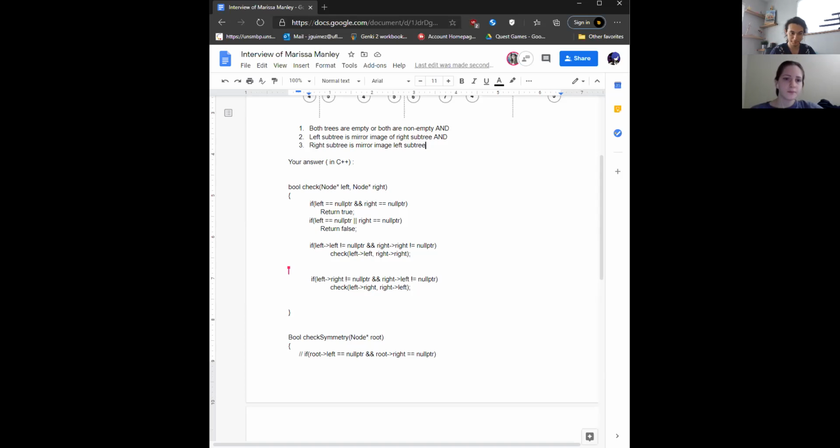Okay. So remember that for it to return the right value, this value and this value must be the same. Both of these must return true. Those are the rules of a symmetric tree. Yeah.